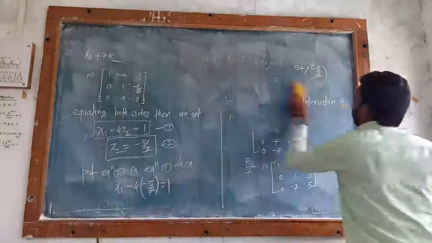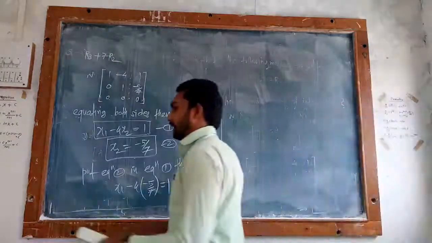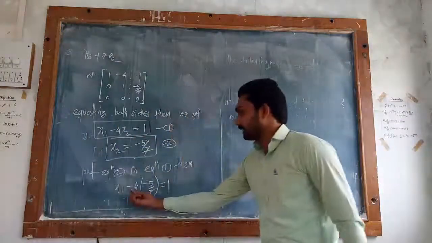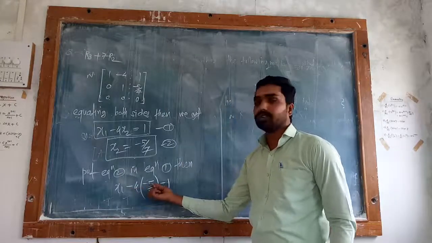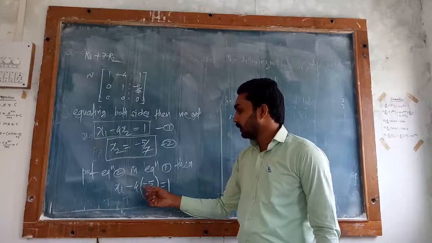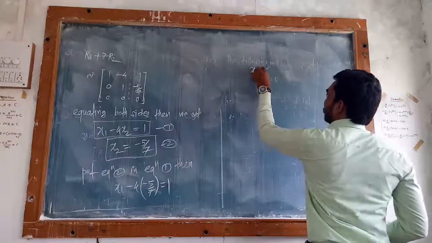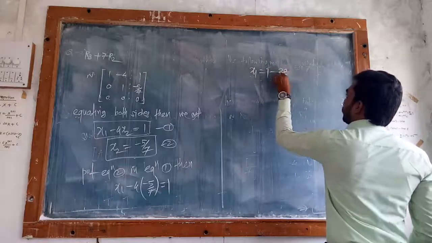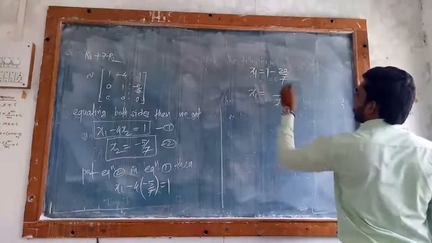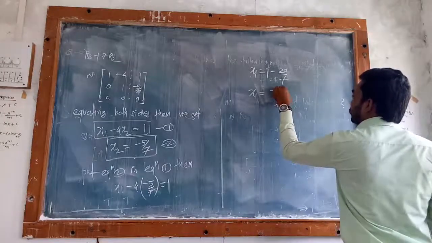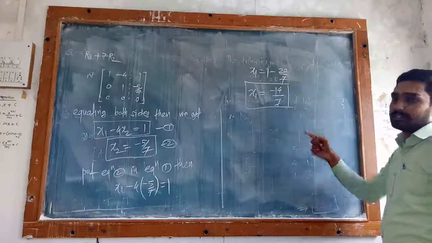And this plus term shifts to the right side, then minus. So we get 20 by 7. This 20 by 7 shifts to the right side, then minus. So the value of x1 is 1 minus 20 by 7. Therefore x1 equals, this is 7, 7 minus 20 is minus 13, right?